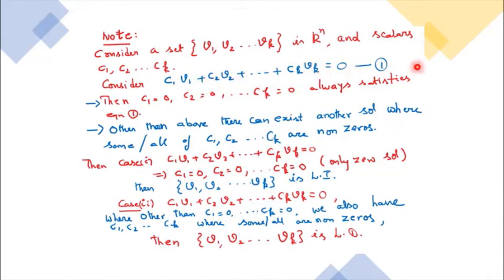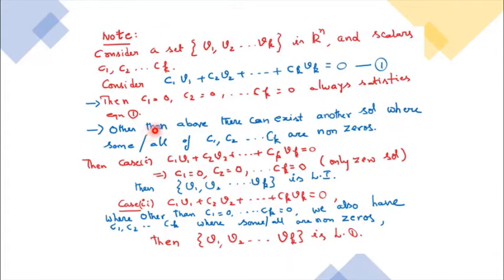Suppose this is equation 1. Then this is a homogeneous equation. This homogeneous equation will always have the zero solution, that is c1 = 0, c2 = 0 and so on ck = 0 always satisfies equation 1, right? That means the zero solution, the trivial solution, always exists.